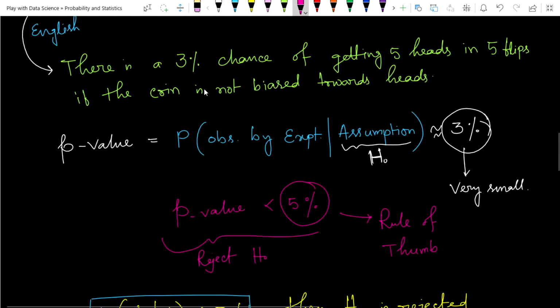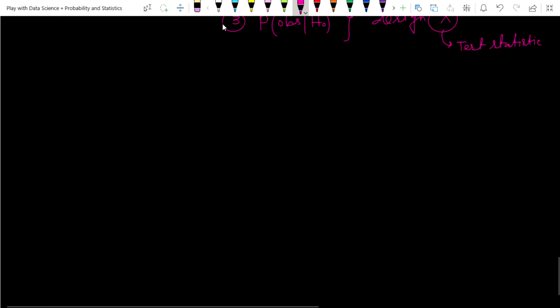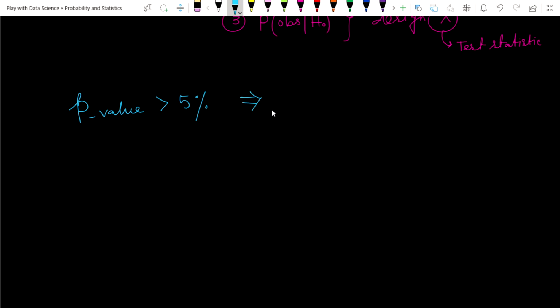So if we conclude these things, if our p-value is greater than 5%, then as a general rule of thumb we accept our null hypothesis, and if the p-value is less than 5%, then we reject the null hypothesis.